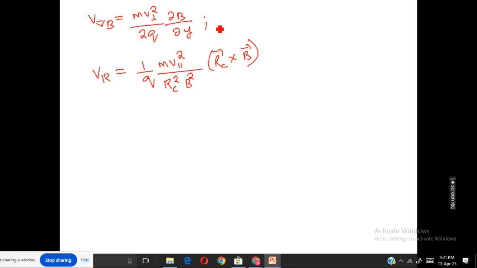In this case, we are considering that the magnetic field is acting along the z direction and the gradient is along the y direction.